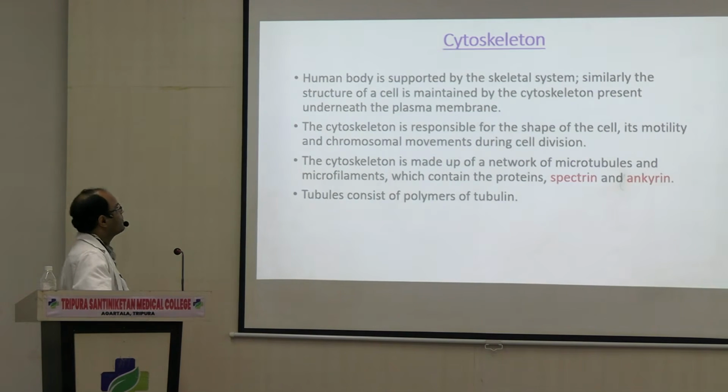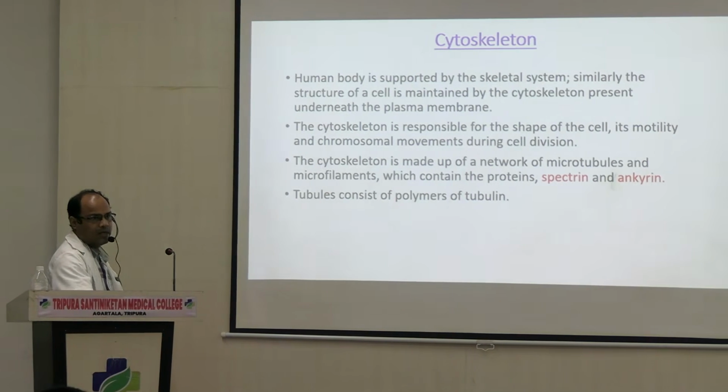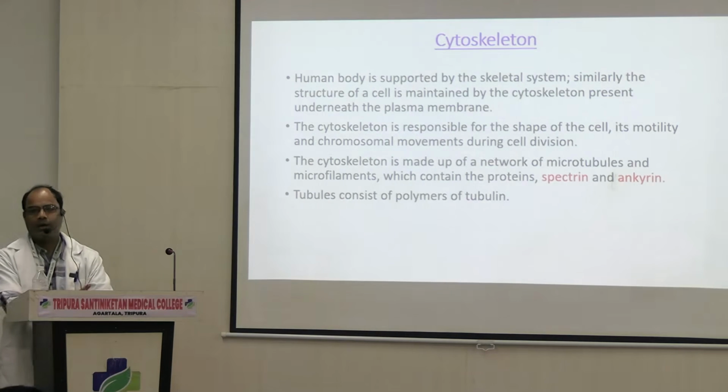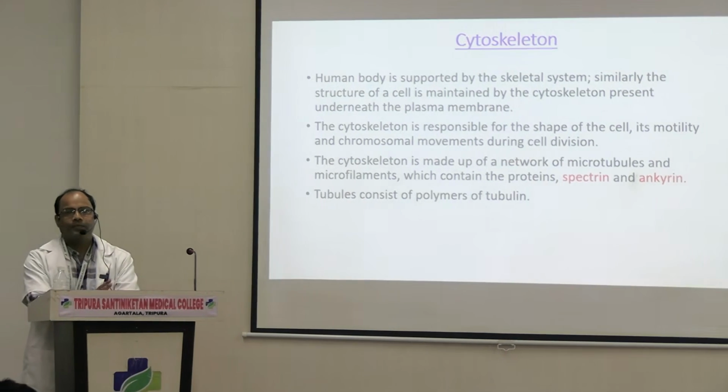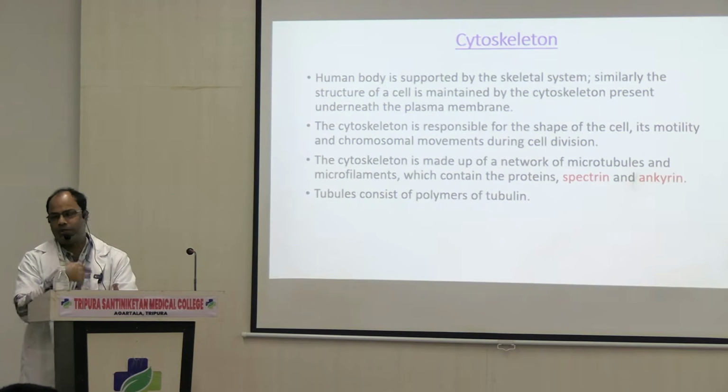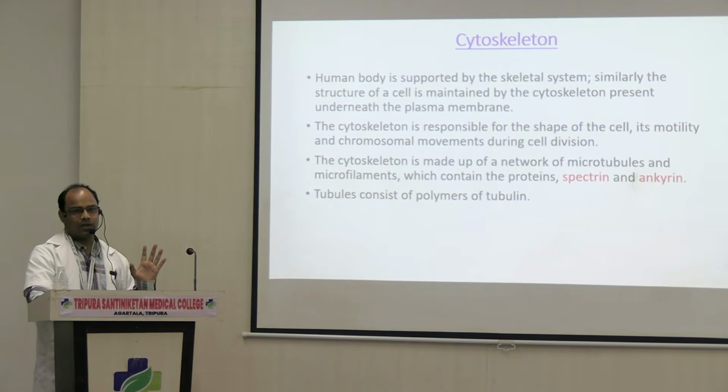Next, cytoskeleton. As I am standing here, I have bones in my body giving me support, so I can stand and walk. I have some shape. Like this, the cell also has a cytoskeleton.